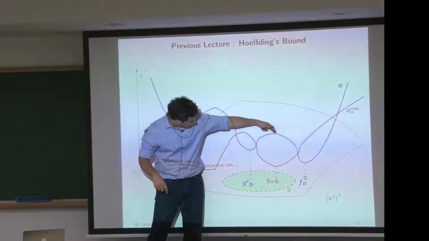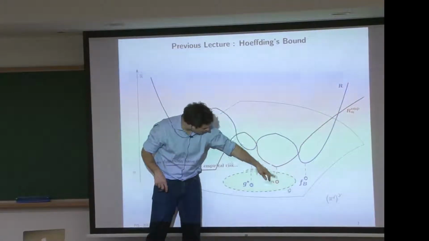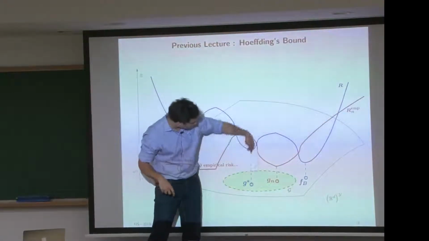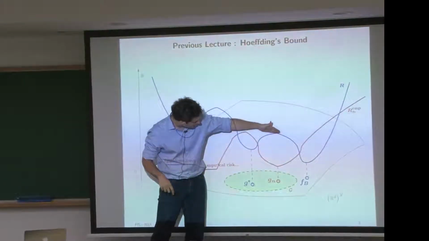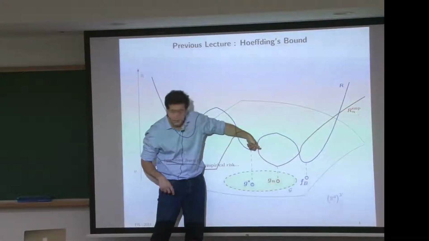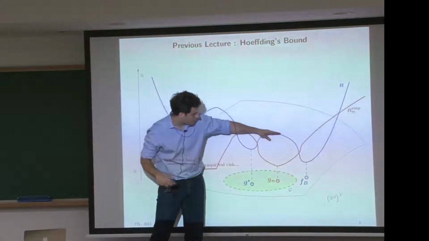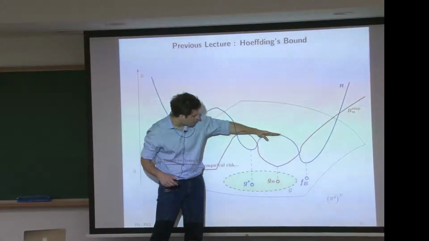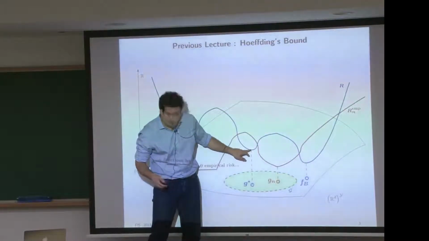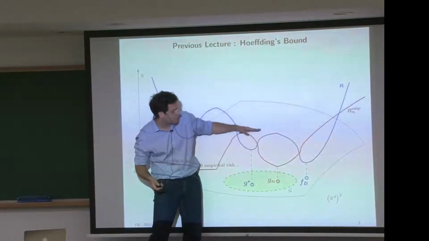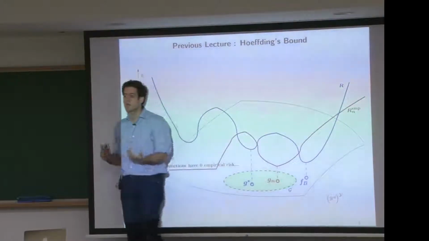What is the difference between this and this? We would like this to be not too far from this ideally. So by this we say that we want this to be smaller than the best possible risk plus some term which will depend on n.